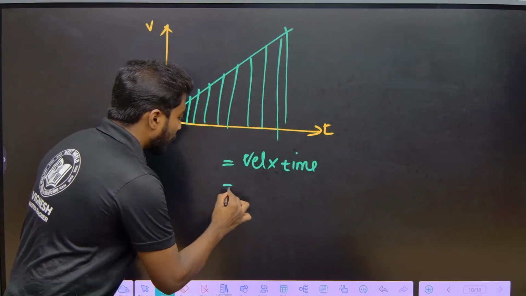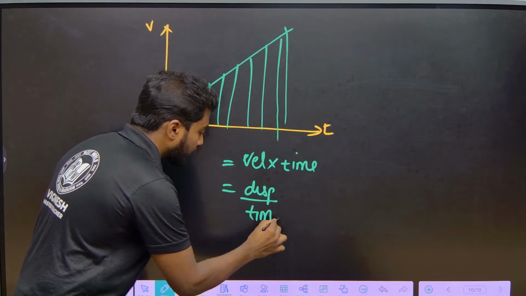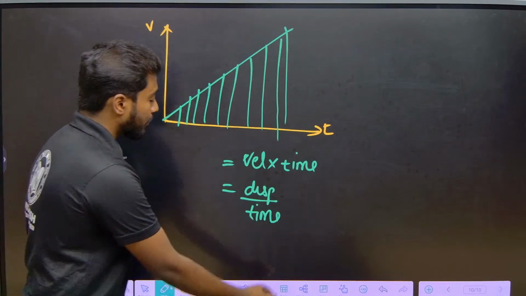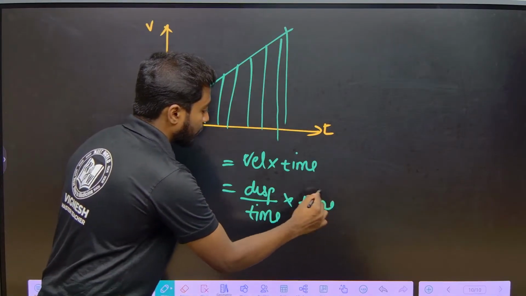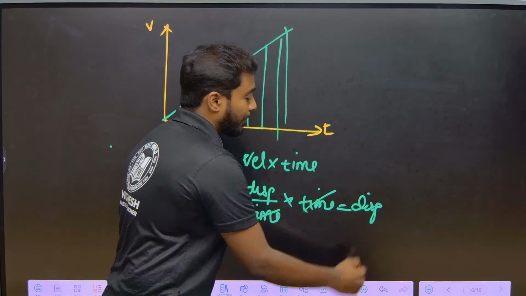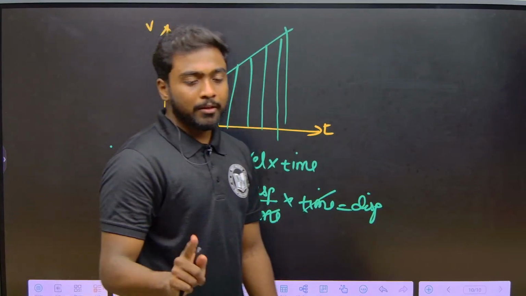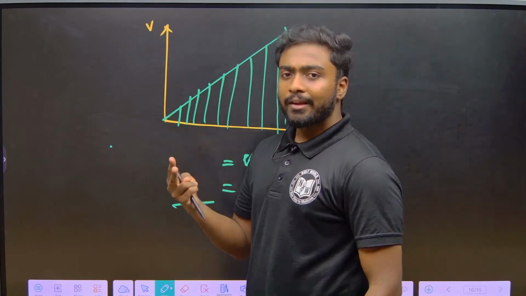What is velocity? It is displacement by time. Displacement by time, the time will get cancelled, we will get displacement. Understood?